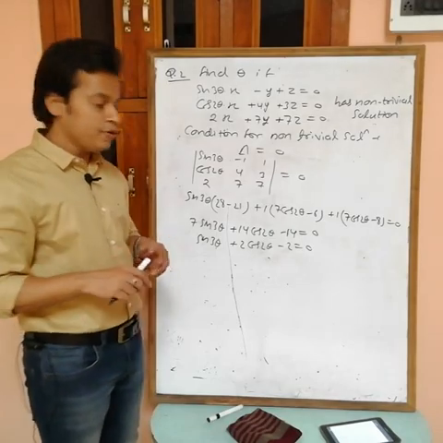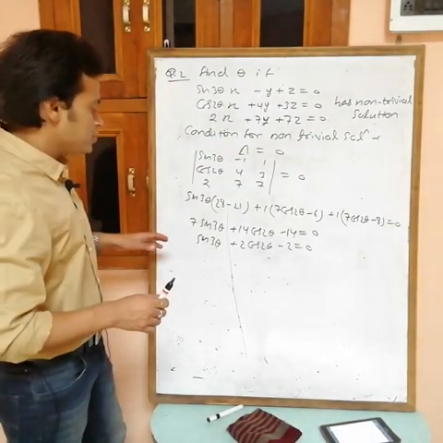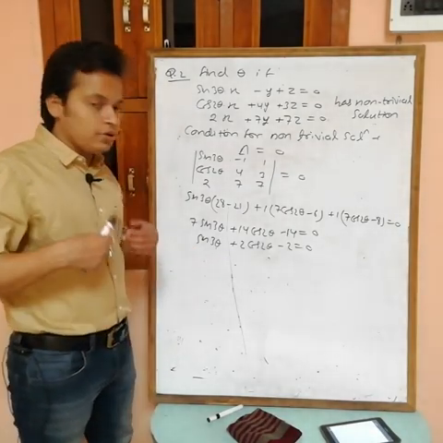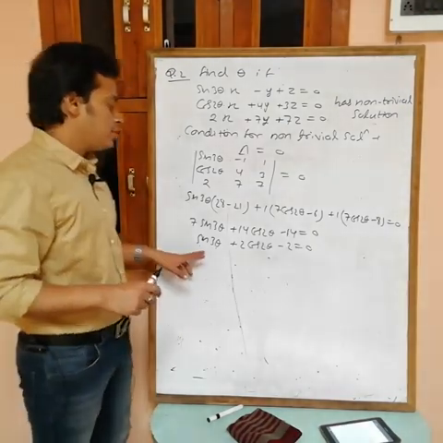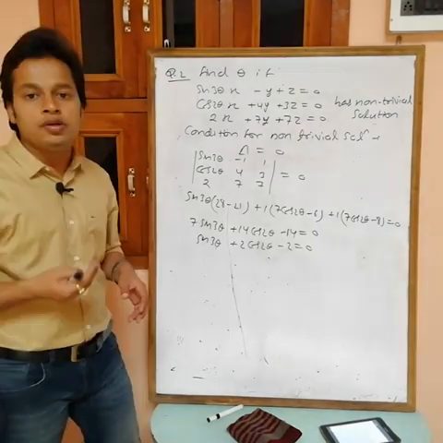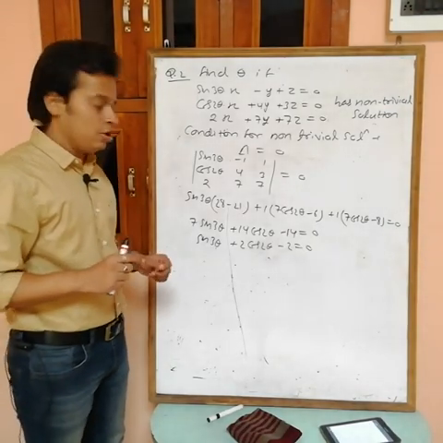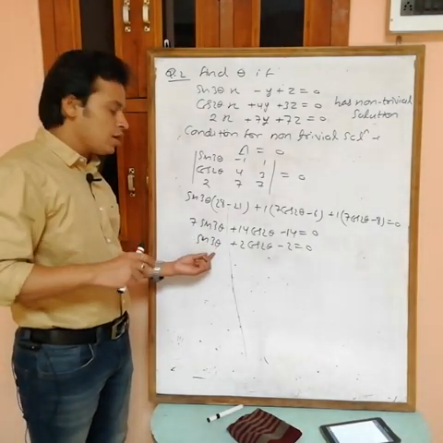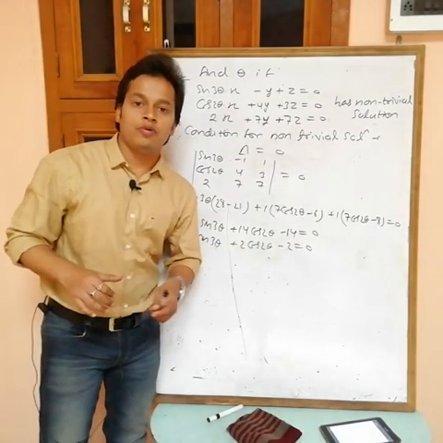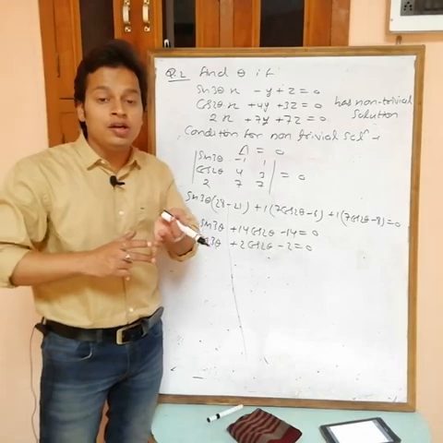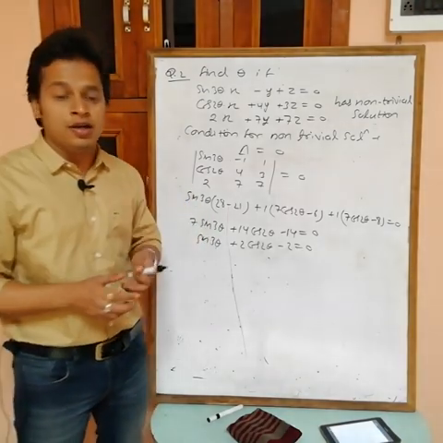Now you want value of theta. If you want value of theta, then first I have to convert this either in terms of sin theta or in terms of cos theta. Now sin 3 theta formula is 3 sin theta minus 4 sin cube theta, in terms of sin theta only. And for cos 2 theta, we have formula in terms of sin theta and also in terms of cos theta.